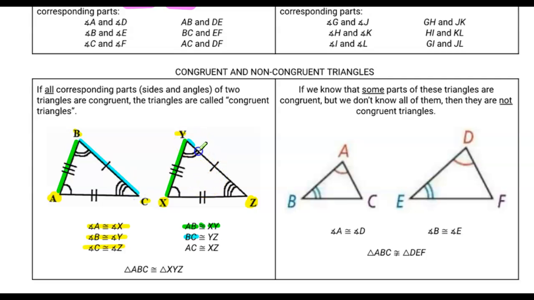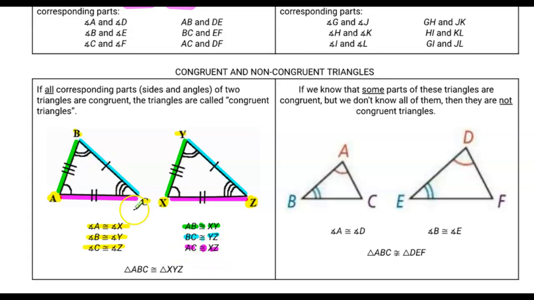Its corresponding side, YZ, also has 1 hash mark. So those 2 sides are congruent to each other. BC and YZ are congruent. And then last but not least, AC has 2 hash marks, and XZ has 2 hash marks. So AC and XZ are congruent to each other.